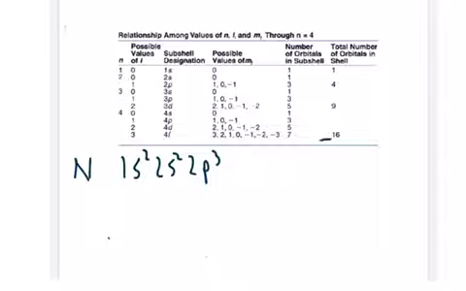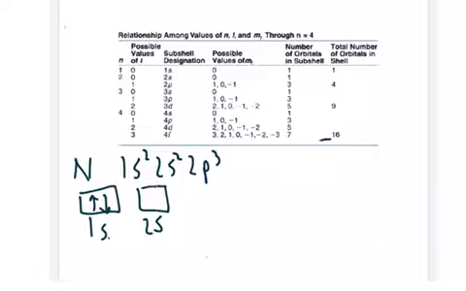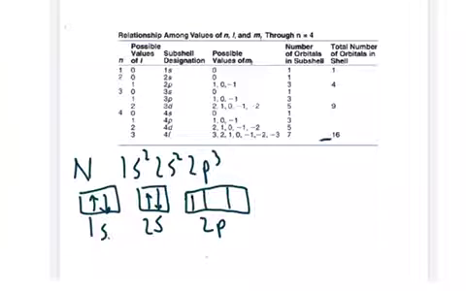The orbital diagram for this would be 1 up, 1 down, then you got another 2s here, 1 up, 1 down. Then when you do the 2p, you do 3 boxes, and you go 1, 2, 3. So, if I wanted to get the electron circled here, it would go as follows, okay?